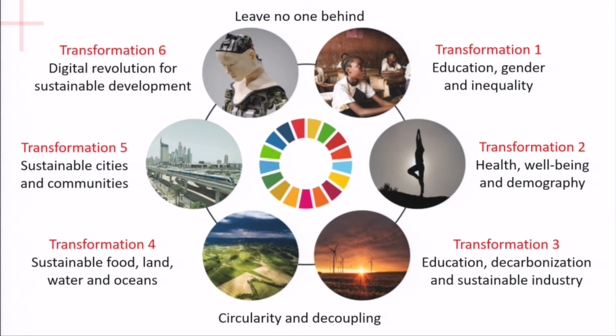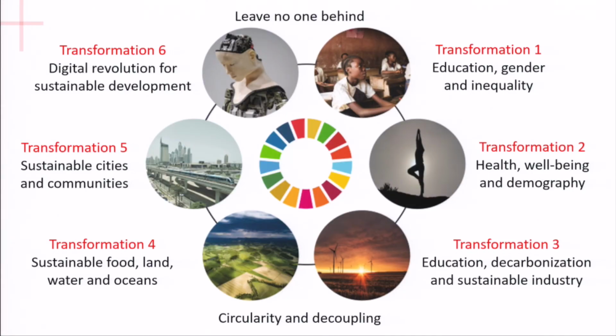There are 6 transformations that we expect by achieving these SDGs. Transformation 1 is education, gender and inequality. Transformation 2 is health, well-being and demography. Transformation 3 is decarbonization of the environment and a sustainable industry for future generations.